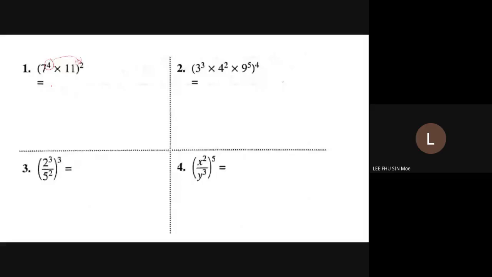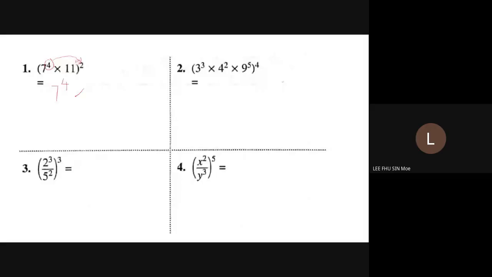No number meaning is 1. Each of the indices has to multiply with 2, multiply one by one. So the answer will be 7 to the power of 4 times 11 to the power of 2.